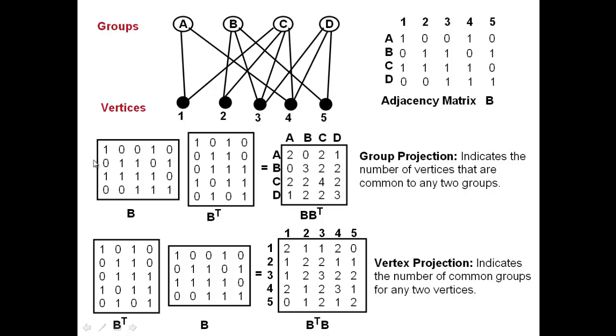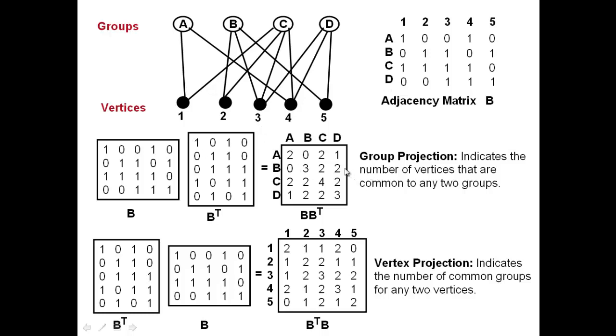So again, here the rows are the group IDs. So row B entry for BD means row B in the first matrix and column D in the second matrix. In the adjacency matrix, the rows are the groups. When you transpose, the columns become the groups.